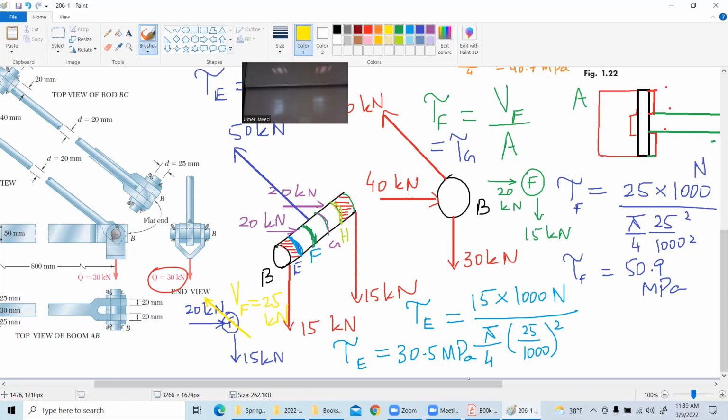But the problem is that now I'm concerned that this rod, if you look at the side view, becomes very flat here. It becomes like this flat piece.